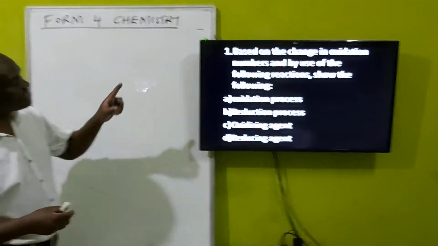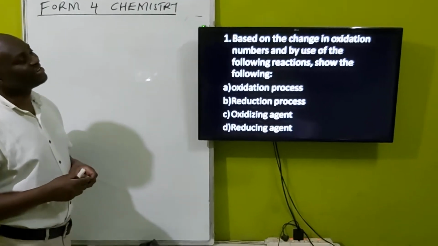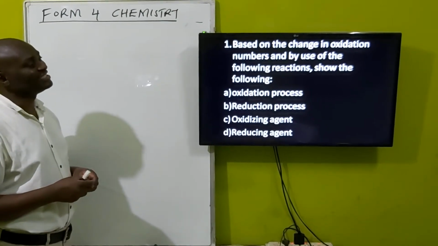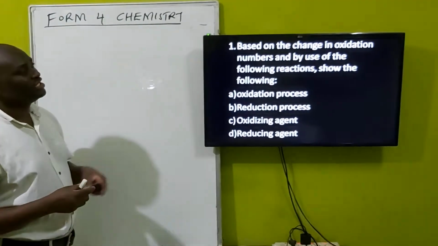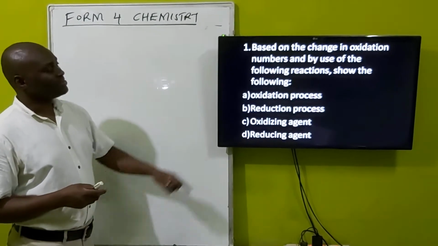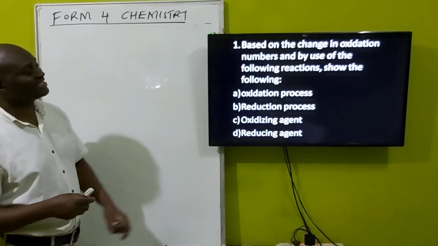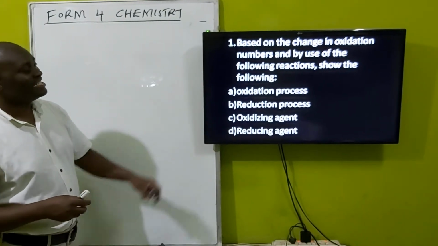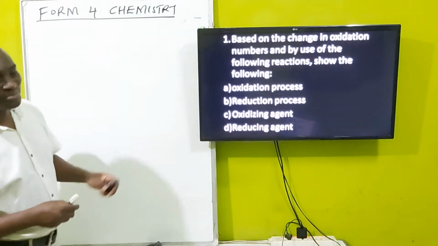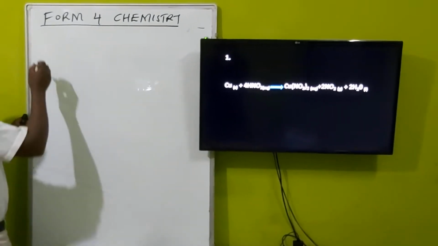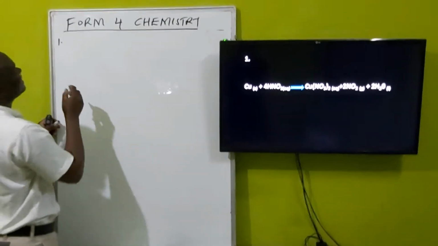So based on the change in oxidation numbers, and by use of the following reactions, you're supposed to show the oxidation process, reduction process, oxidizing agent, and reducing agent. We are supposed to show all that.